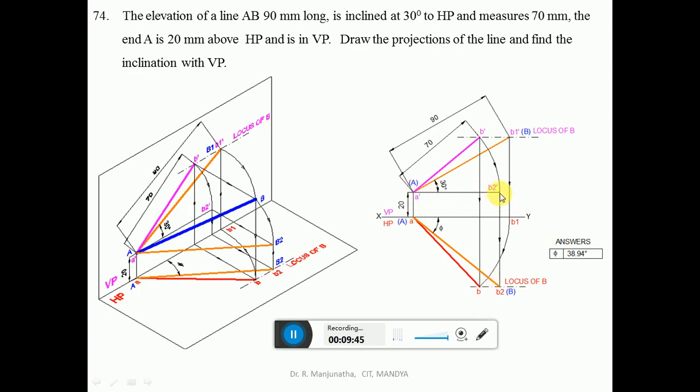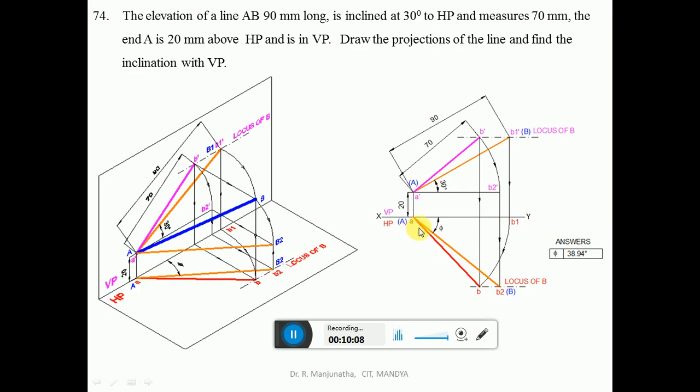Then from B2 dash you draw a vertical projector such that it cuts the locus of B in the top view. So you get this point as B2. Mark this as capital A and capital B. Then join A and B2 with a line a little bit darker than the projector line.